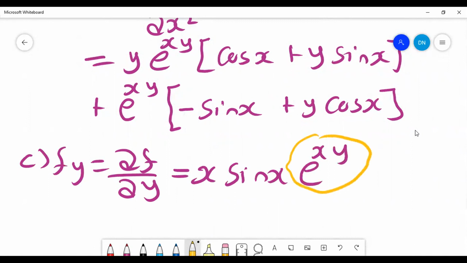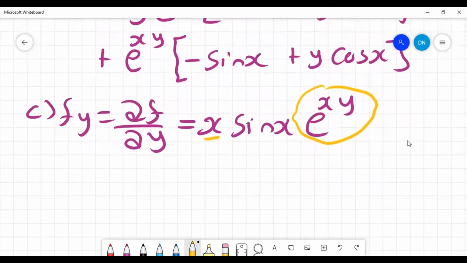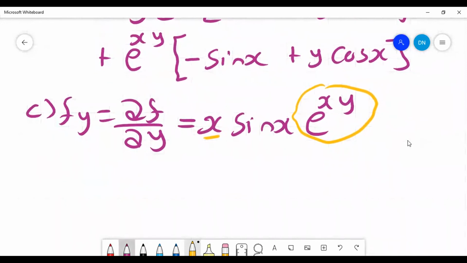And when I differentiate the power of the exponential with respect to y, I get x, which I put down here. Then sine x, I treat it as a constant, and that should give me the solution. So that one was slightly different.